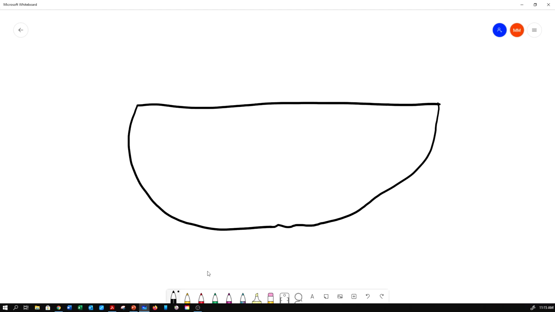All right, let's draw a few things so that we can recognize it as a cell. Maybe we'll try to draw a nucleus here. All right, and maybe we'll draw some rough endoplasmic reticulum.